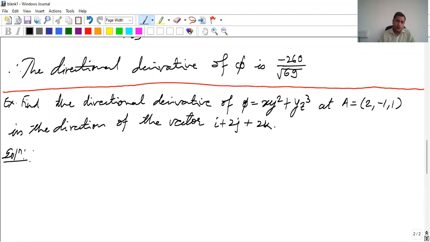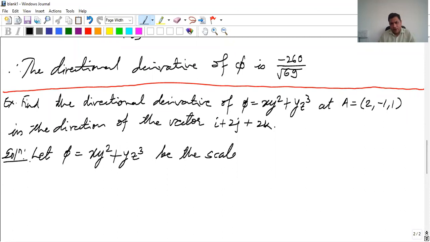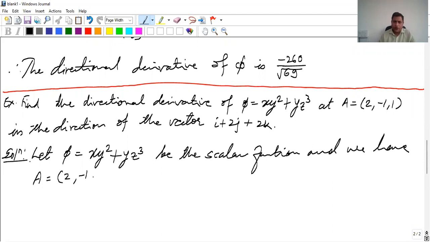Let phi equal to xy square plus yz cube be the scalar function, and we have A equal to (2, -1, 1).